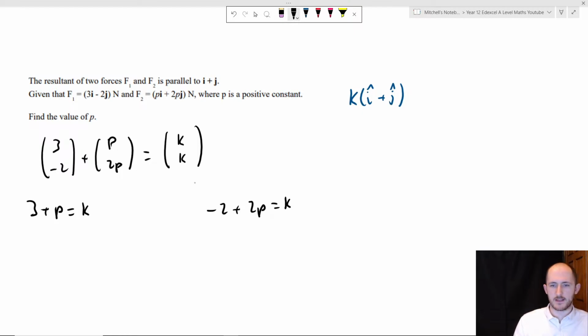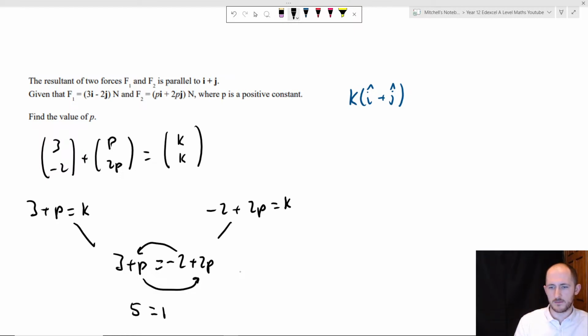So all we need to do now is sub in for k, right? So we can equate these two equations here, and that will give us 3 plus p equals minus 2 plus 2p. So I'm going to bring the p's to this side and the numbers to this side. That will give me 5 equals p, and I'm done.